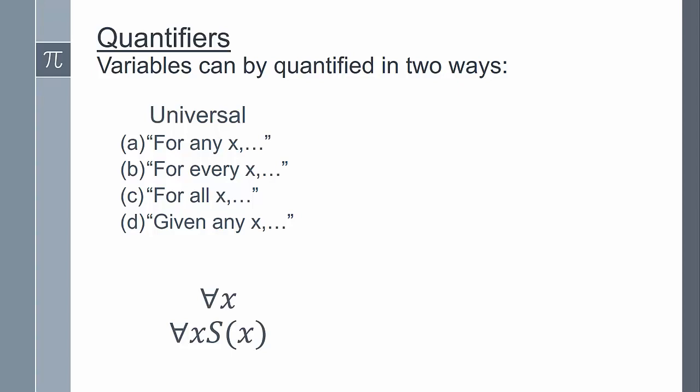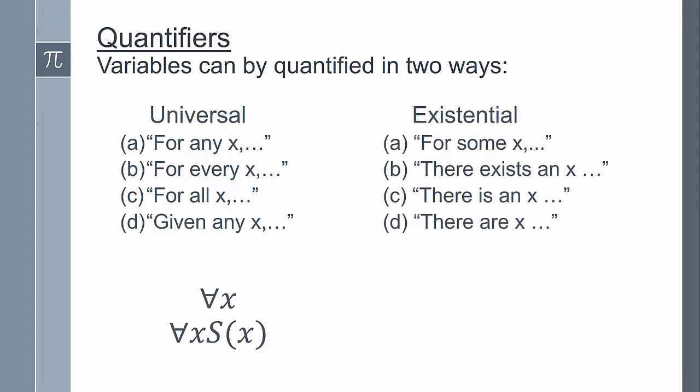The other way that we quantify variables is the existential quantifier. These are statements that start with for some X, there exists an X, there is an X, or there are X such and such.